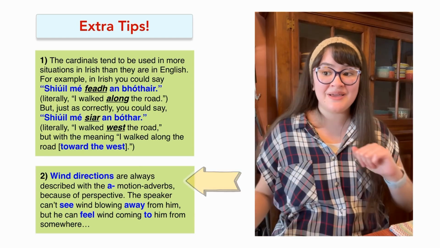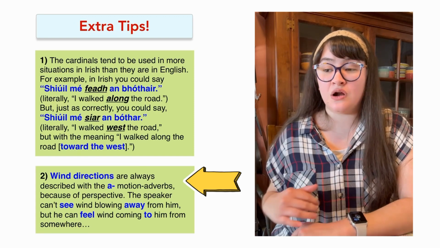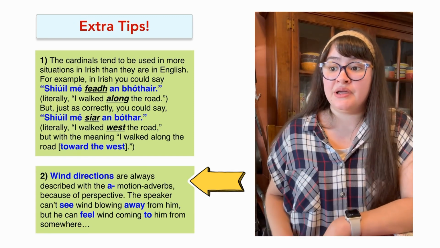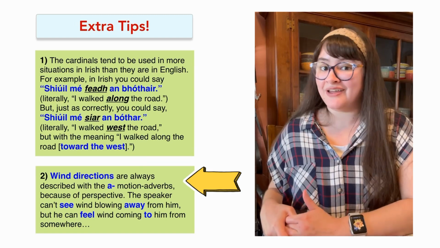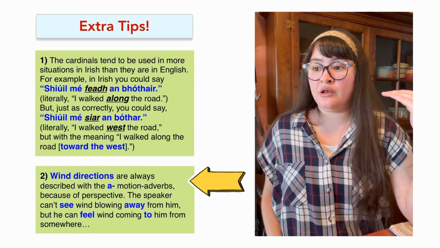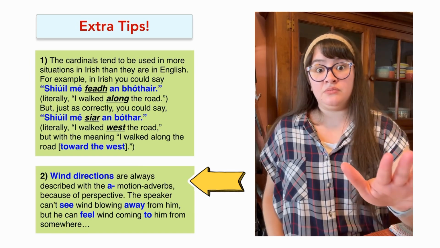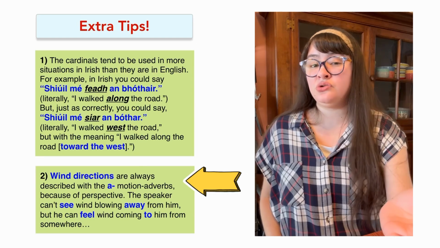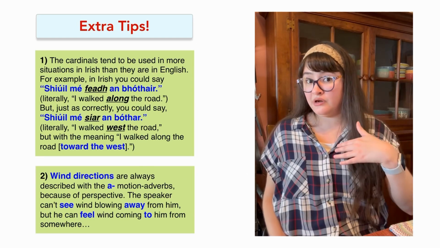The next tip is that wind directions are always described with the motion adverbs because of perspective again. The speaker can't see the wind blowing away from him, but he can feel the wind coming to him from somewhere.